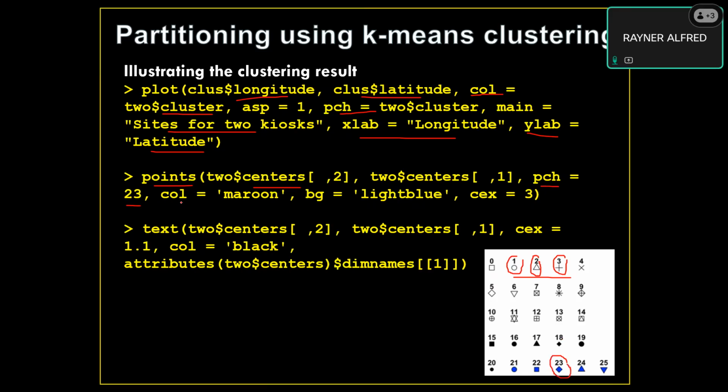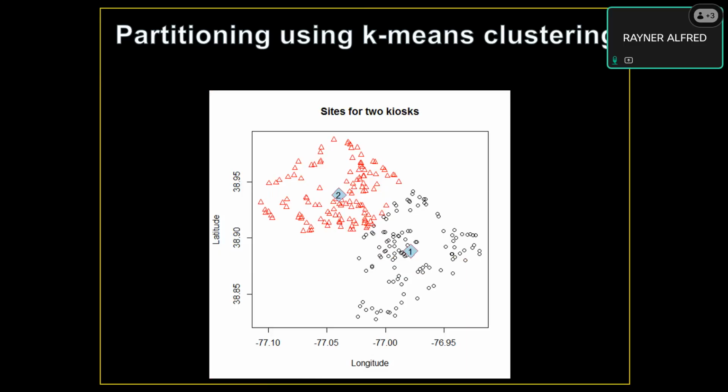Okay, and the line color is maroon, background will be light blue. Okay. And we have the text. So depending on the center, the color of the text is black, and we get something like this.